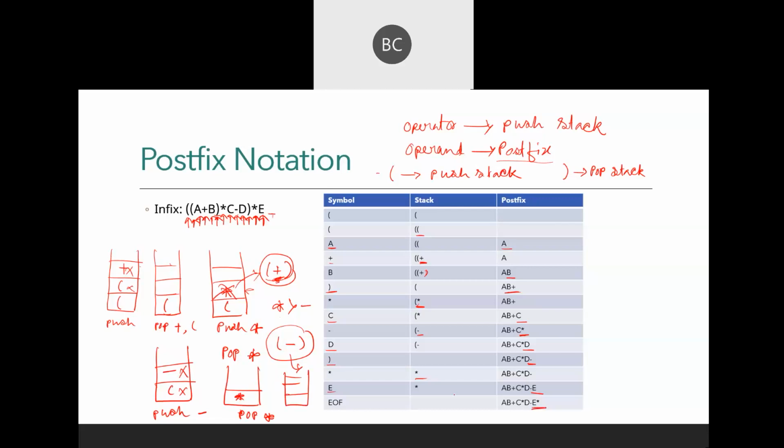So this is the postfix expression. Is it clear now?